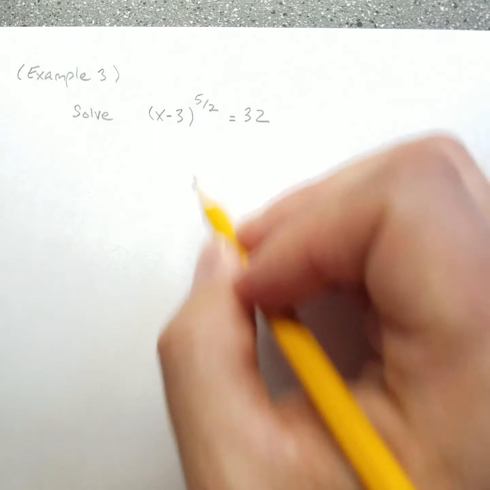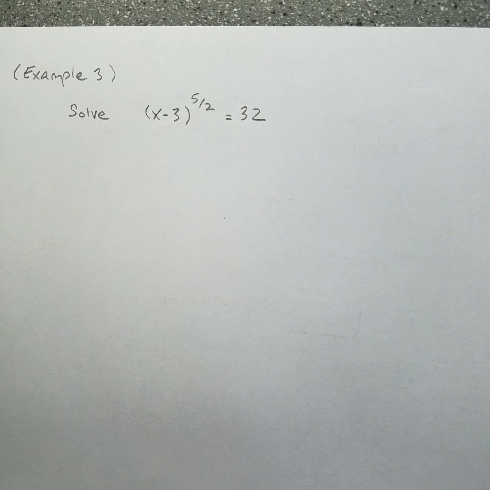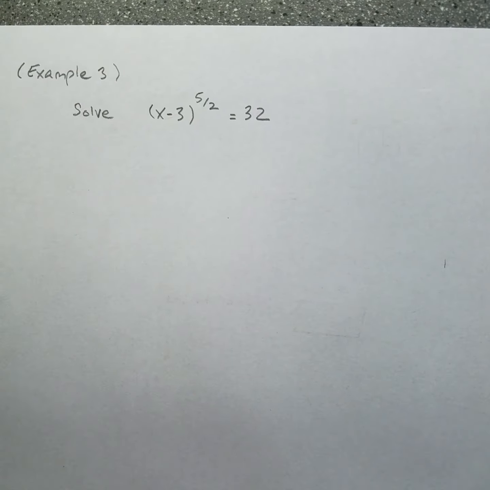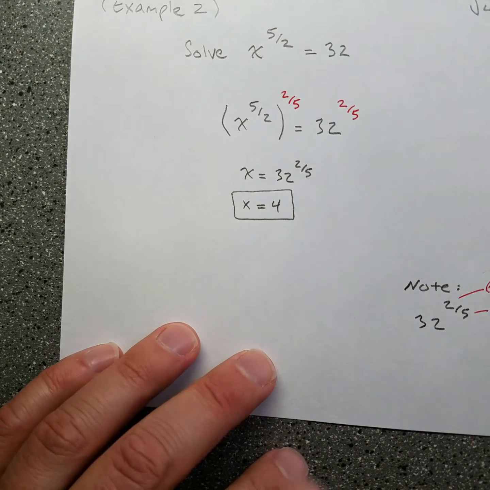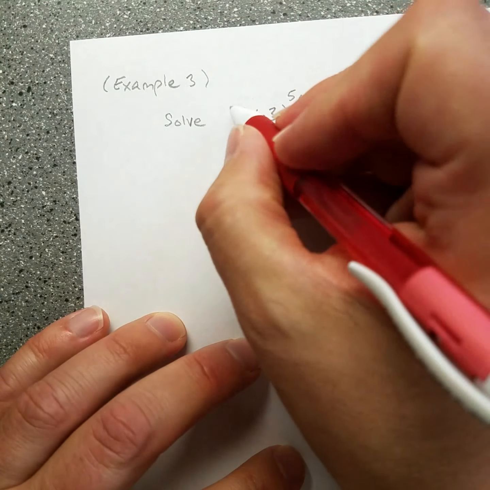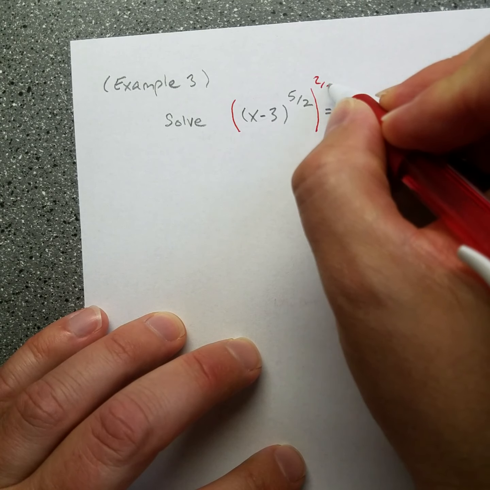Now the 3's stuck in there. We have to deal with that 5 over 2 first. How do we deal with an exponent that's a fraction? Well, we just saw that over here. That's why I told you about that one first. So here's our problem, and we'll take both sides to the 2/5 power.